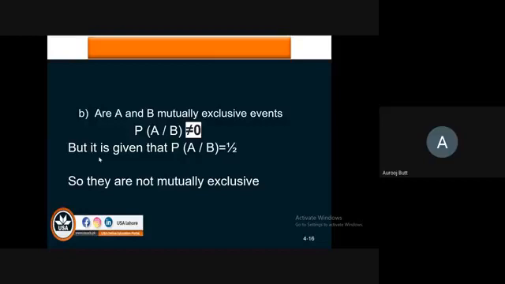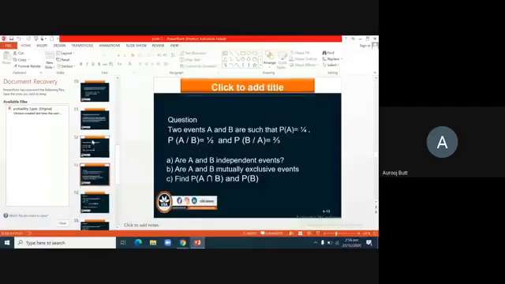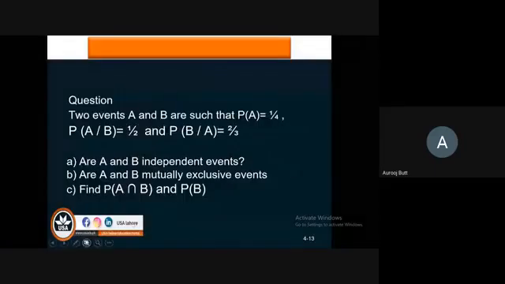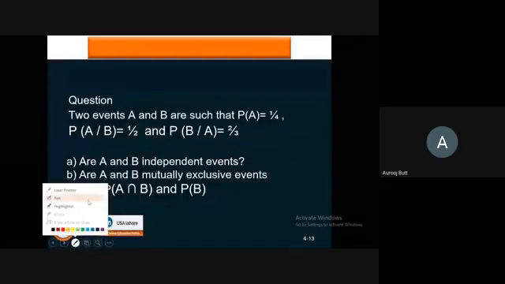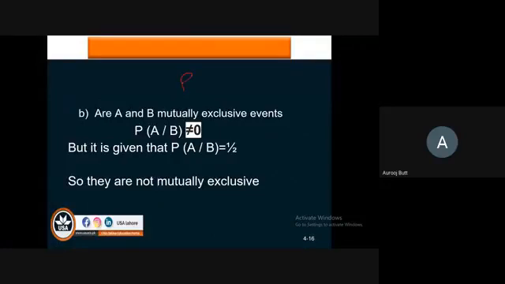So, according to the given question, we have probability A given B that is equal to 1 by 2. So simply, what you can do is, we know that probability A intersection B should be equal to 0 when you have the case of mutually exclusive events.